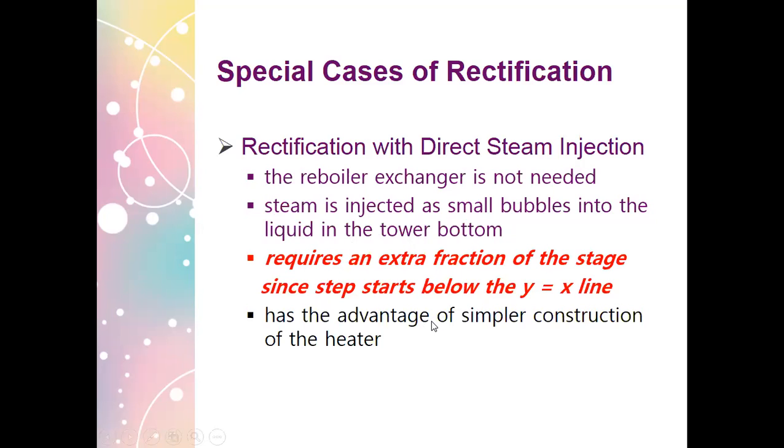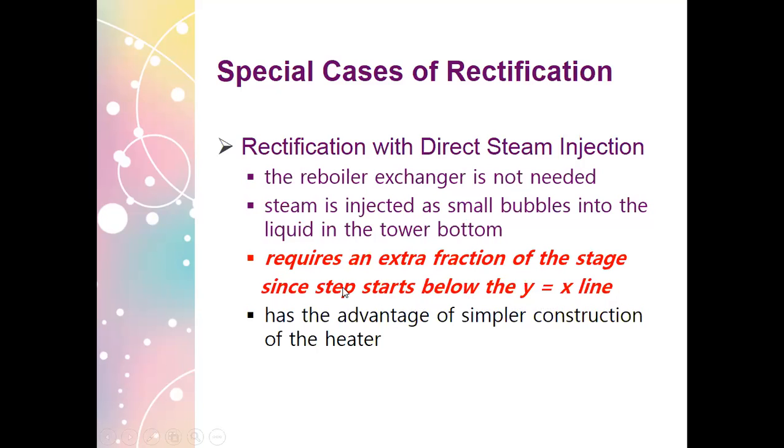Now, when we determine the number of stages here, this may require an extra fraction of stage since the step starts below the y equal to x line. In all the graphical techniques using the McCabe-Thiele method, the x sub w always rests right on the 45-degree line. In this case, it will not rest on the 45-degree line, but rather on the x-axis.